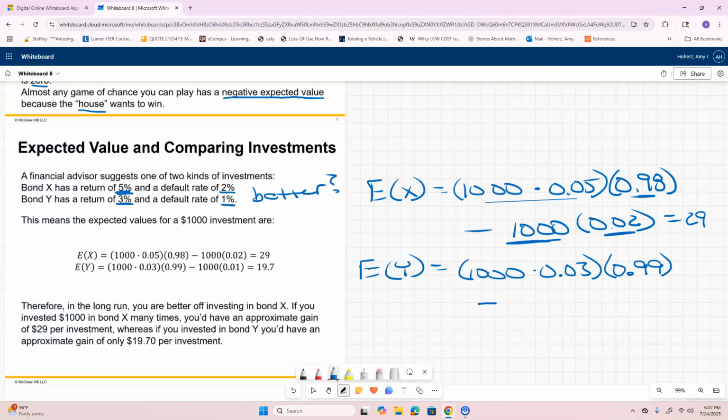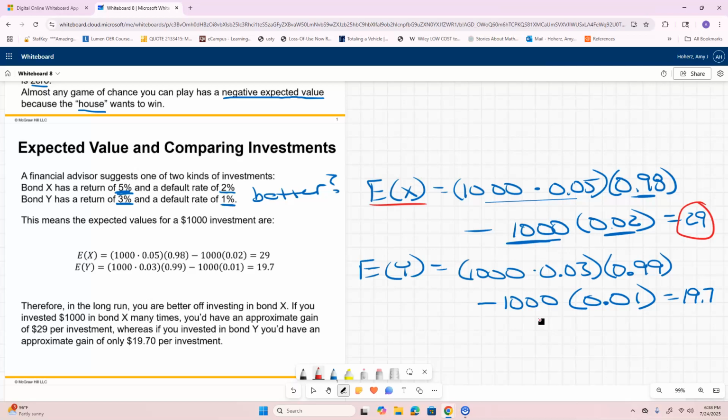And then we're going to lose all our money, lose our $1,000, only 1% of the time, 0.01. If we calculate that out, that comes out to be 19.7. And so, theoretically, it is better to invest in bond X because it has a better expected value of return.